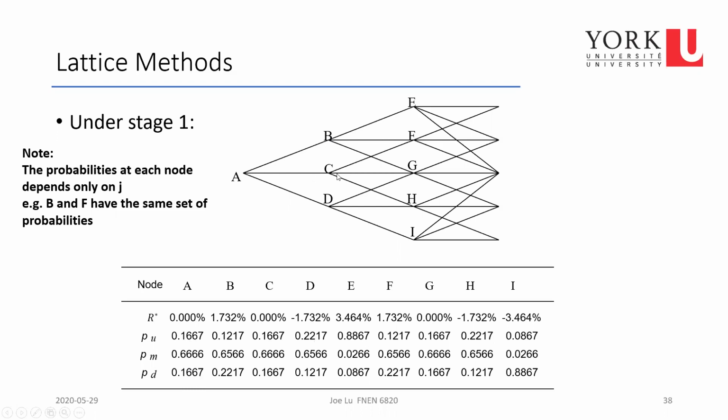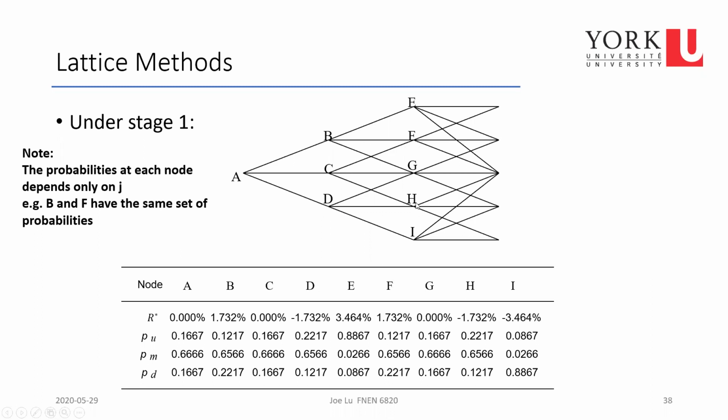And you notice that for the nodes A, C, and G, they all have the same probability here and here. And for B and E, they have the same probabilities of branching out.